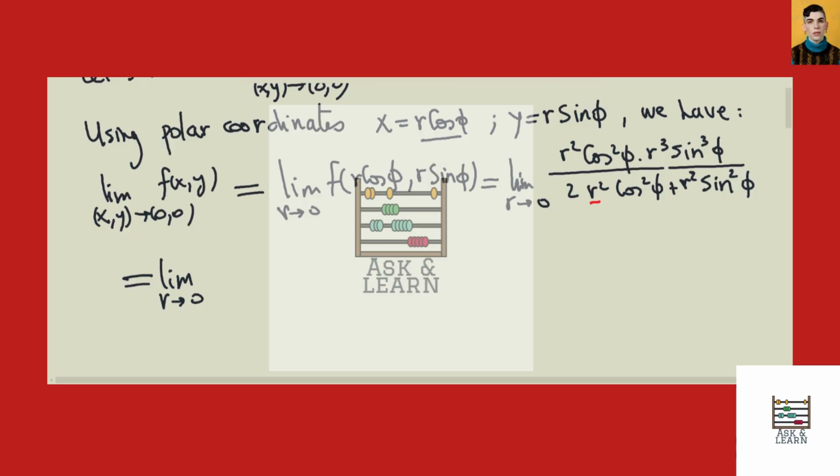So what I was saying is that we have r squared in the denominator as a common factor. We take it out and can simplify with the r squared in the numerator. So in the numerator, we stay with r cubed cosine squared of phi times sine cubed of phi, over 2 cosine squared of phi plus sine squared of phi.